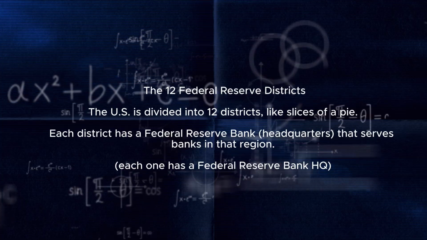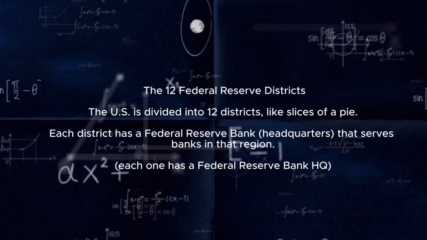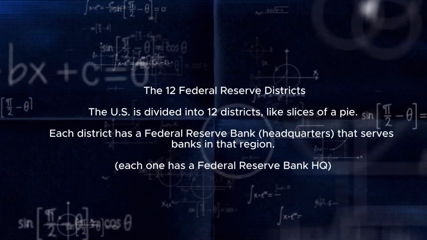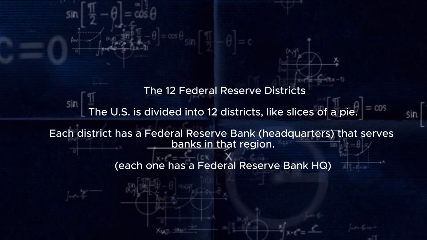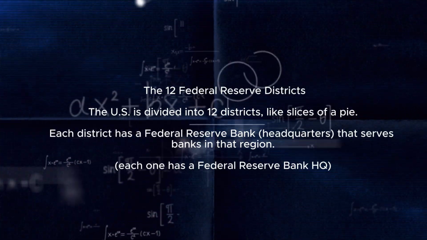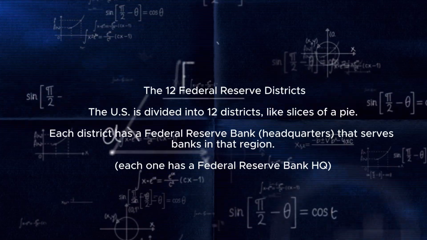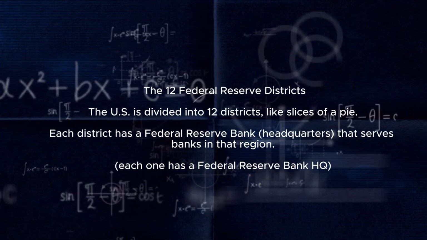The 12 Federal Reserve districts. The U.S. is divided into 12 districts like slices of a pie. Each district has a Federal Reserve Bank headquarters that serves banks in that region.